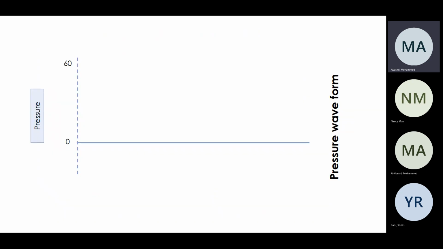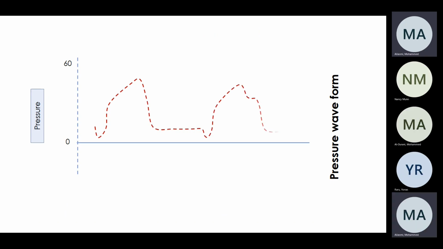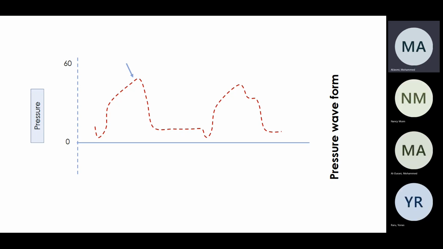Okay, so when we talked about pressure, we divided the pressure scalar into multiple points. The first point we talked about is the peak pressure. It's the pressure required to push the air inside the airways and the alveoli, so it's the pressure required during the dynamic state, not the static state.